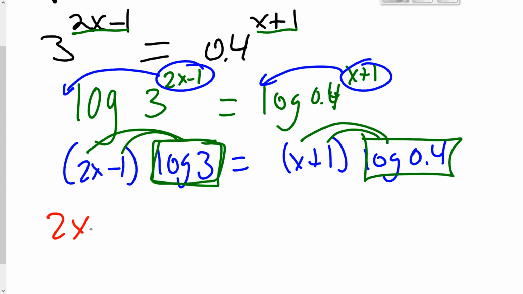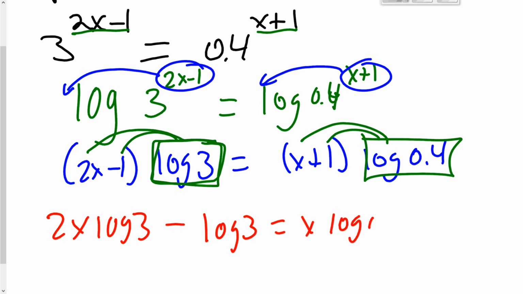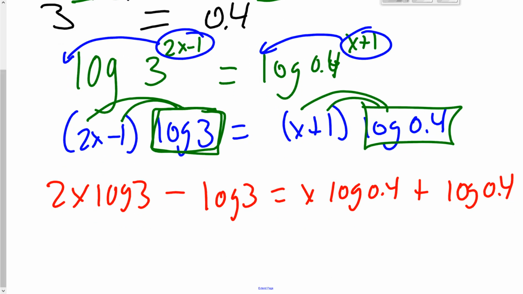So we get 2x log 3 minus log 3 equals x log of 0.4 plus log of 0.4. Now it doesn't matter how you move these next, but we're going to move them over so my x's are on one side and my other logs are on another. So it doesn't matter how you move these.